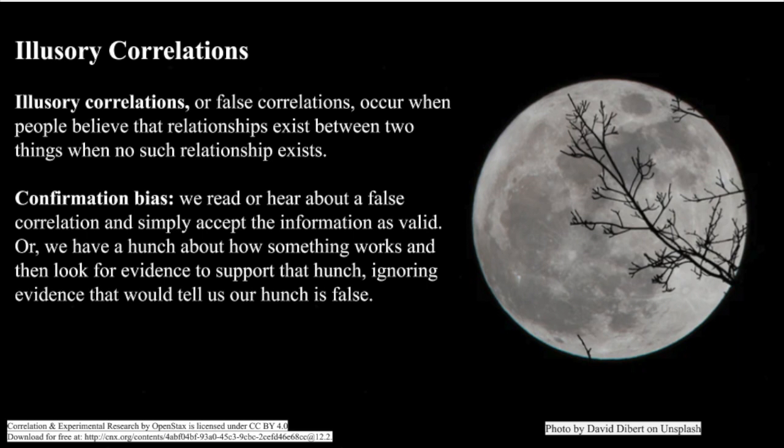Illusory correlations, or false correlations, occur when people believe that relationships exist between two things when no such relationship exists. One well-known illusory correlation is the supposed effect that the moon's phases have on human behavior. Many people passionately assert that human behavior is affected by the phase of the moon, and specifically that people act strangely when the moon is full.